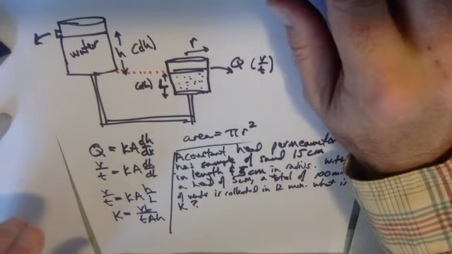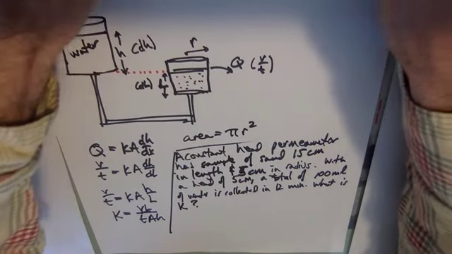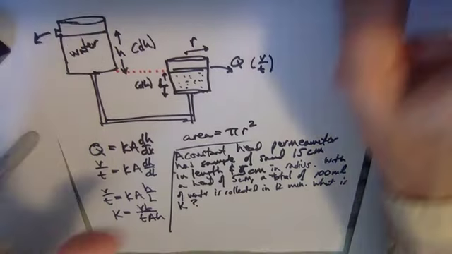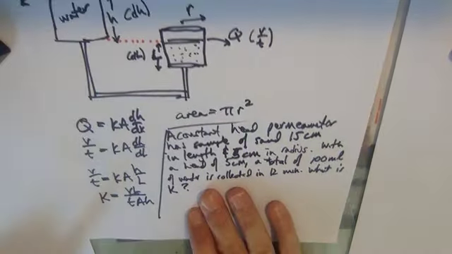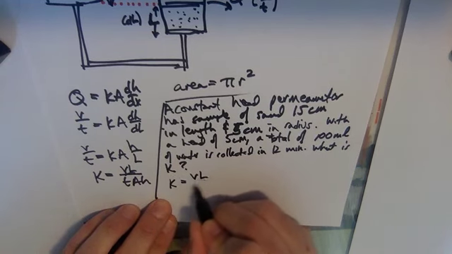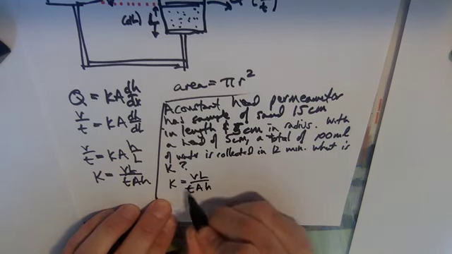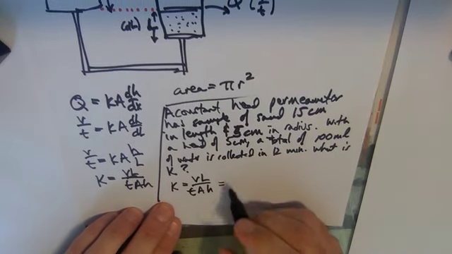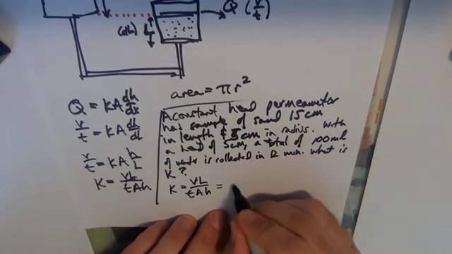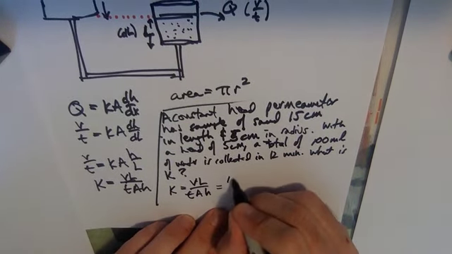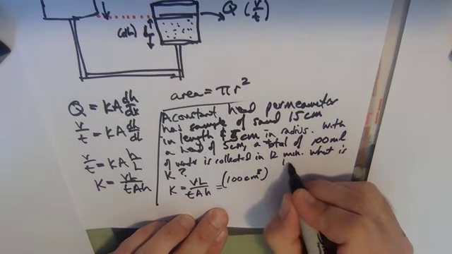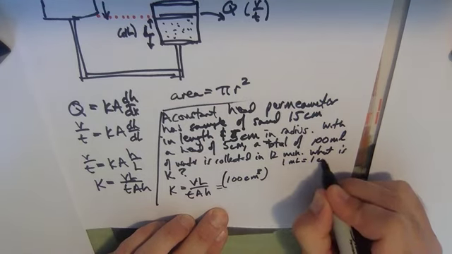So how would you solve that? Well, you'd say that K equals V L over t A H. And what do we have here? The volume of water is 100 mils. A mil is the same as a cubic centimeter, so we can just put 100 cubic centimeters. 1 milliliter is equal to 1 cubic centimeter.